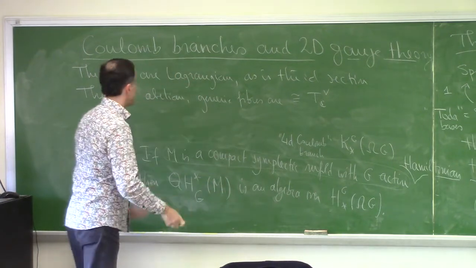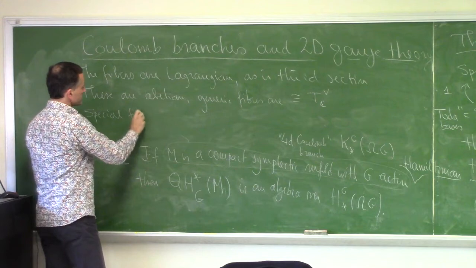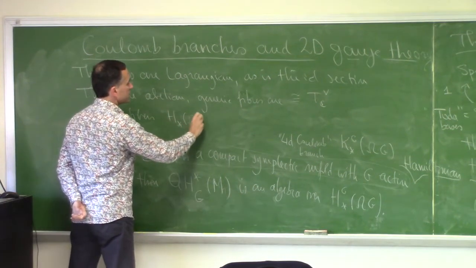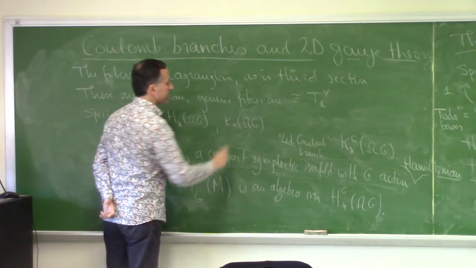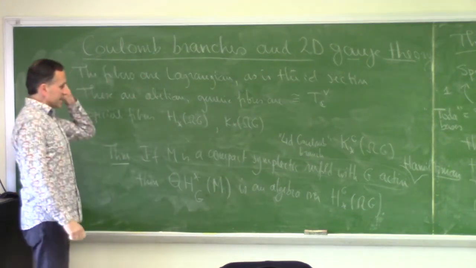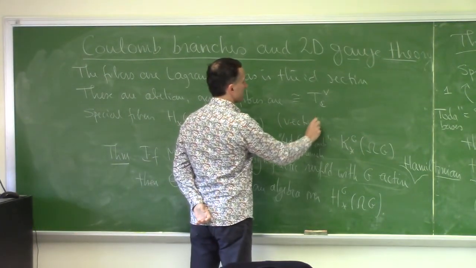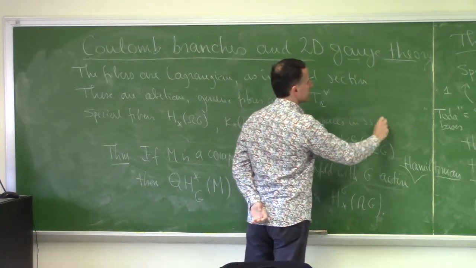And they degenerate progressively. The special fibers are the equivariant homology of the loop space and the equivariant K-theory of omega G. So in the semi-simple case, just a vector space. The complete degenerations, in some cases.